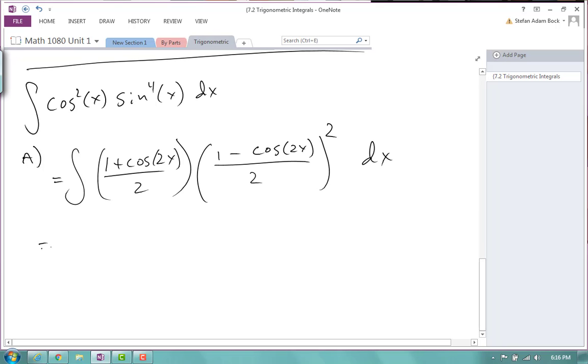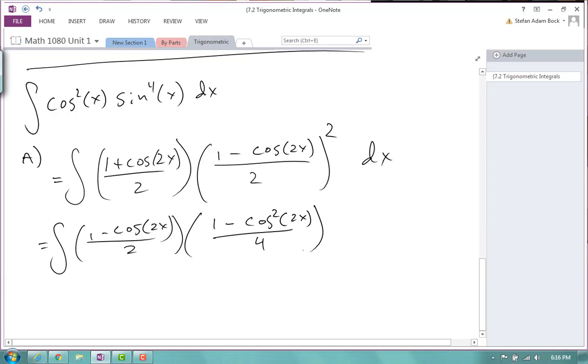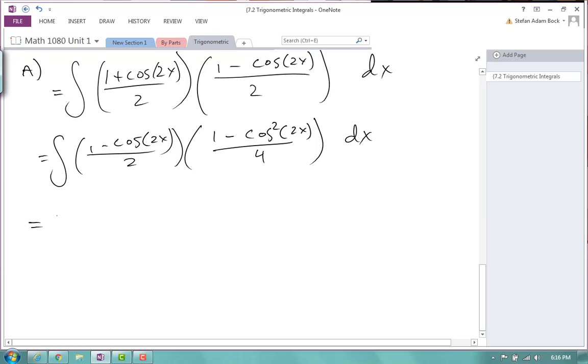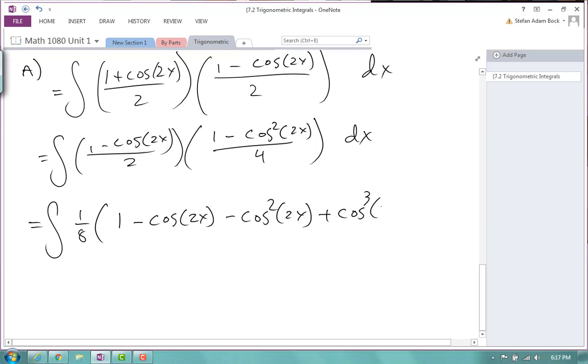And if I multiply that out carefully, I'll have a 1 minus cosine of 2x multiplied by 1 minus cosine squared of 2x all over 4, which leaves me with a 1 over 8 times 1 minus cosine of 2x minus cosine squared of 2x plus cosine cubed of 2x.